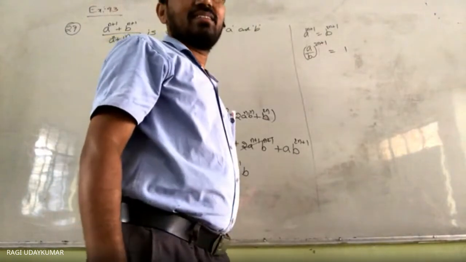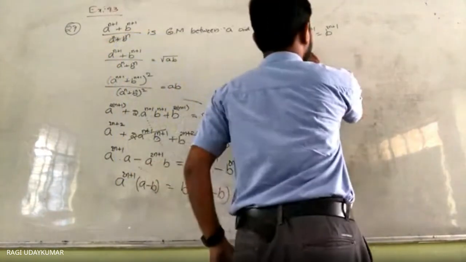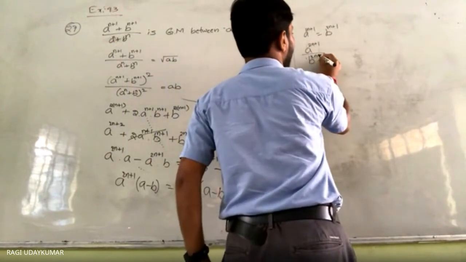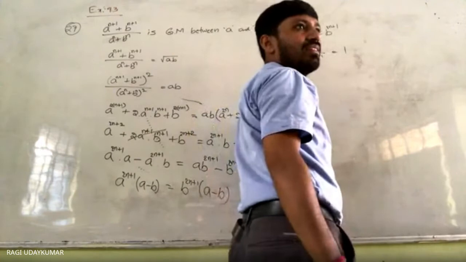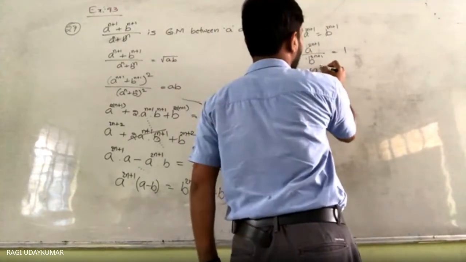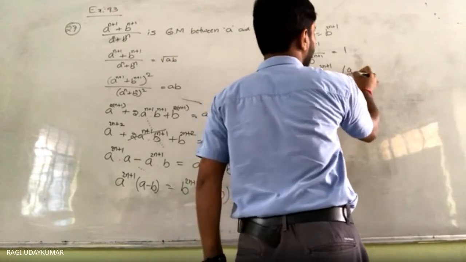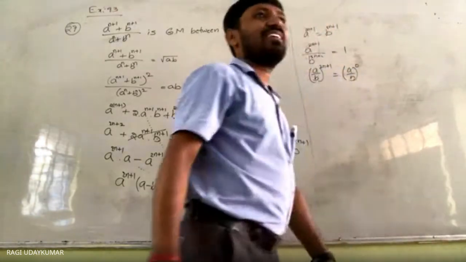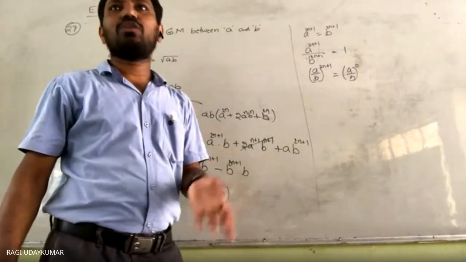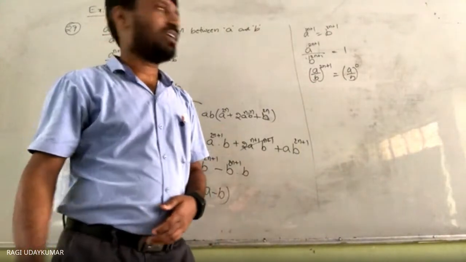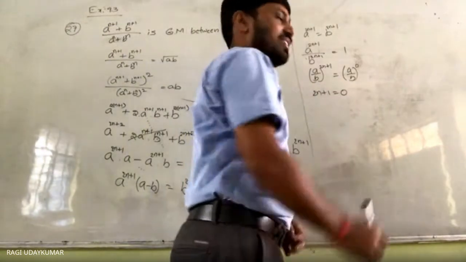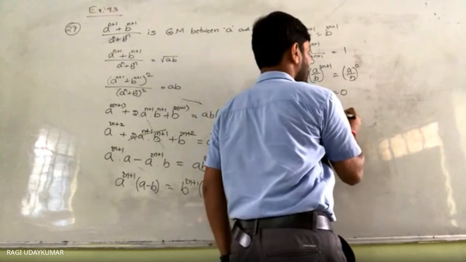Can I write it like this? If you get confused, a^(2n+1) / b^(2n+1) is equal to 1. Now I write it as (a/b)^(2n+1) equal to 1, which is some number to the power of 0. Then 2n+1 is equal to 0, so n is equal to minus 1 by 2.